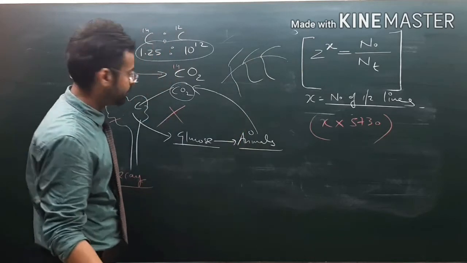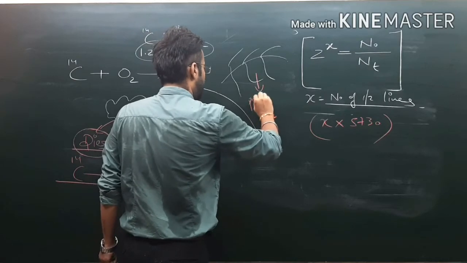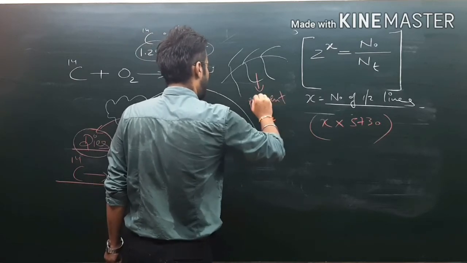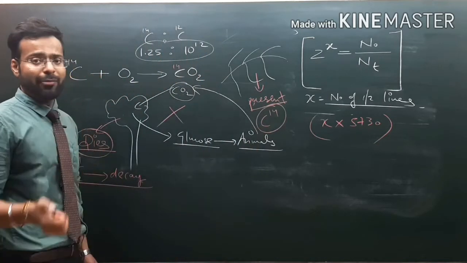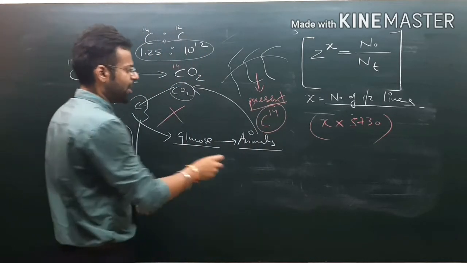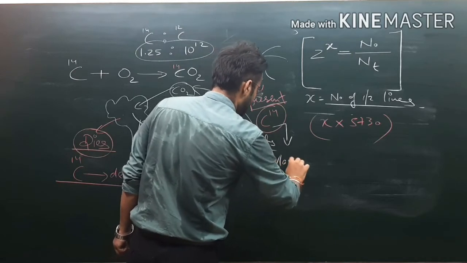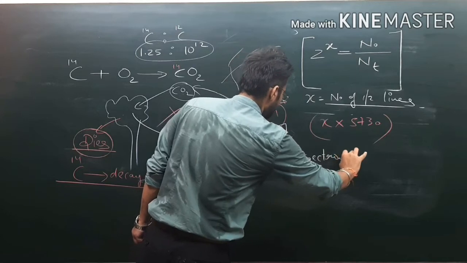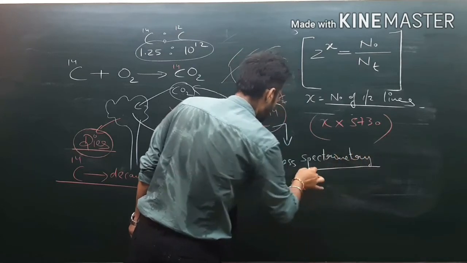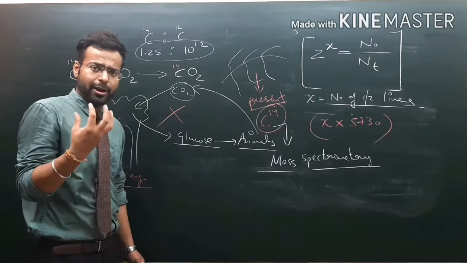what we do is we calculate the present amount of carbon 14 in the sample, and for this we can use mass spectrometry. Mass spectrometry is a method which can be used to find out the carbon 14 amount.